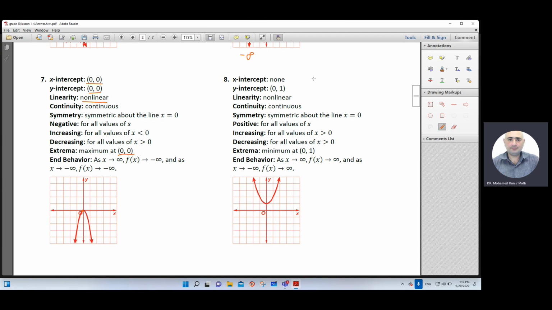8, the same idea, but we don't have x-intercept. We don't have x-intercept, none, as you see. The intercept is just in the y, at this point.